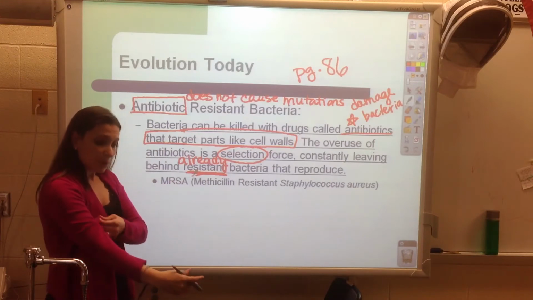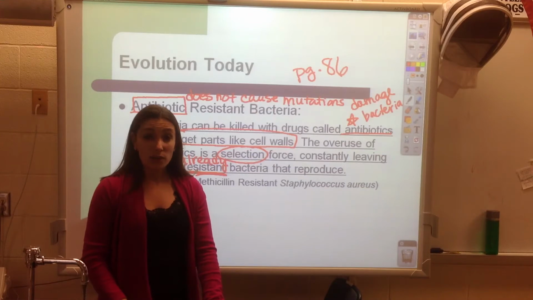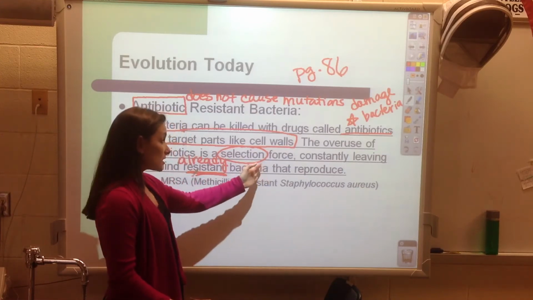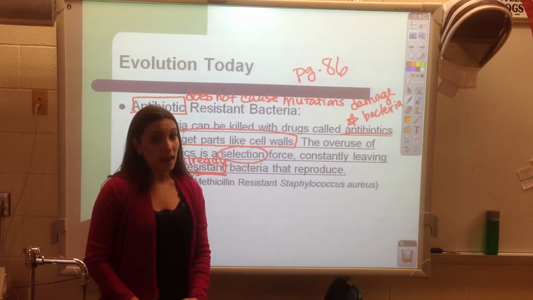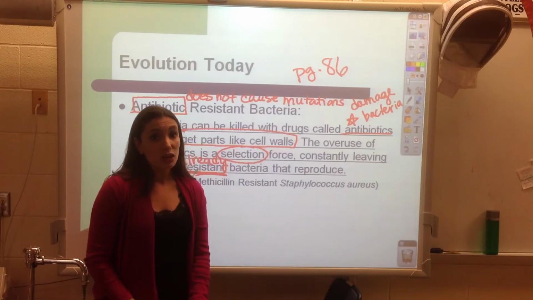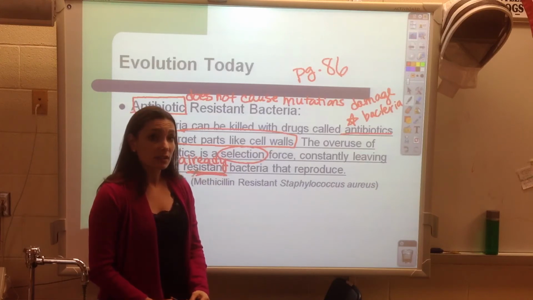So if I have a big plate of bacteria and I put the antibiotic on it, it's not going to cause any of them to mutate. Those bacteria already have the genes that they have. They can't mutate to become resistant. No matter how much they want to be resistant, they would have to already be genetically resistant.